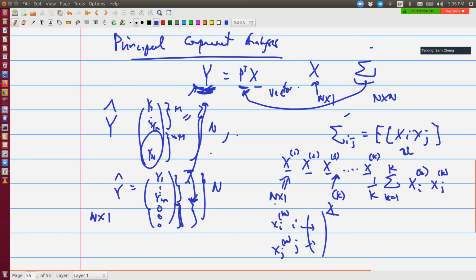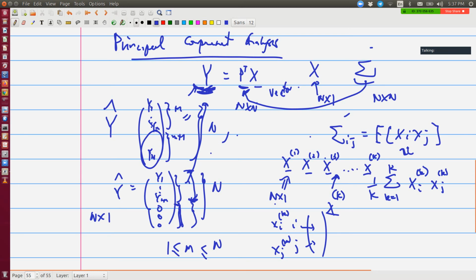And how many are y1 to ym? Oh, m is between n and 1, right? And P is n by n.